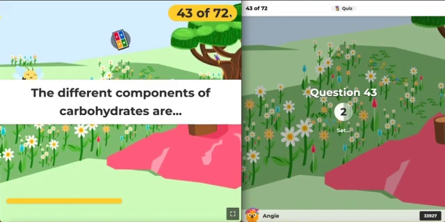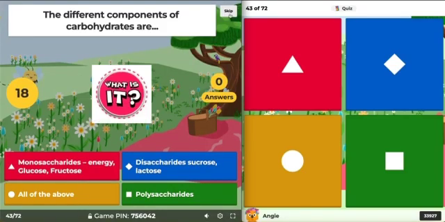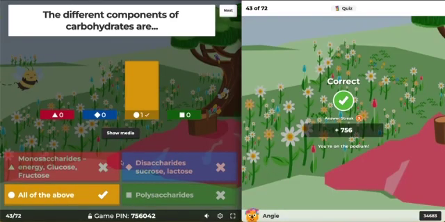The different components of carbohydrates: there are many, and in this case it's all of the above, because monosaccharides, disaccharides, and polysaccharides are all different components of carbohydrates.